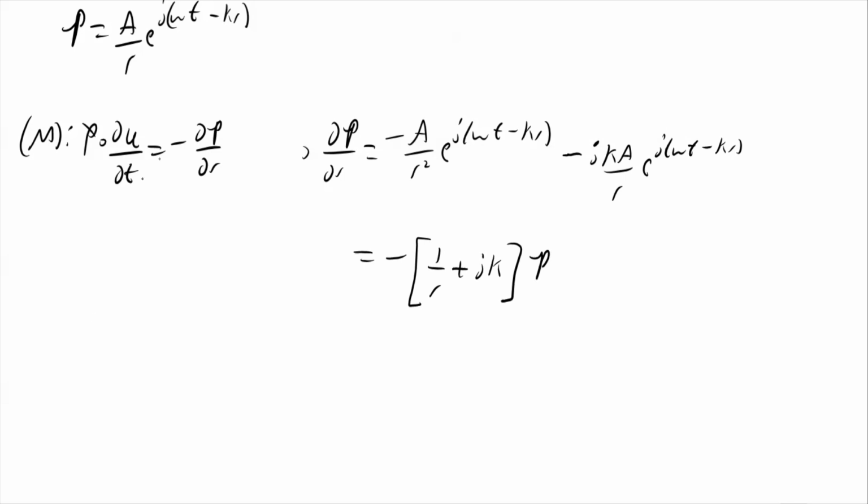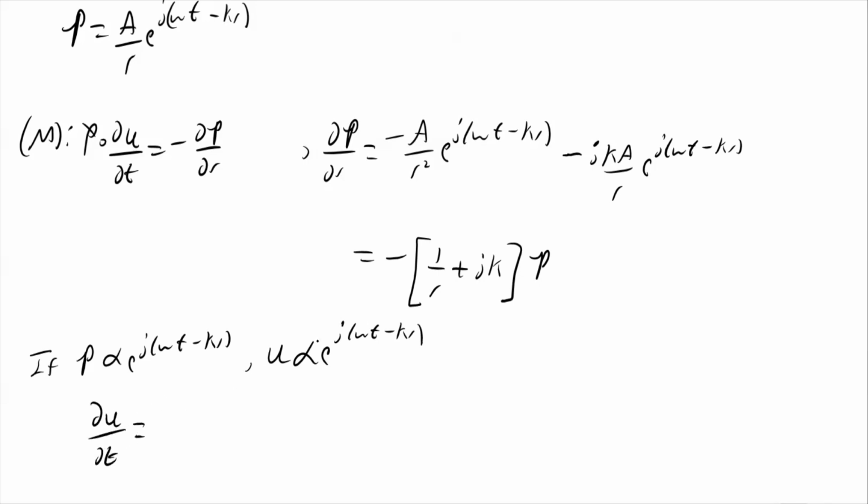Okay, so now we need to turn to particle velocity. Well, if P is proportional to e to the j omega t minus kr, then physics tells us that u is also proportional to e to the j omega t minus kr. Thus, the time derivative of particle velocity is simply j omega u.